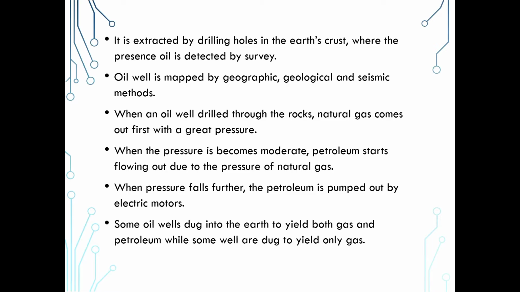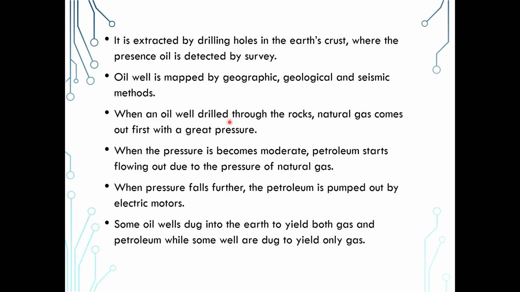we go for oil well mapping by geographical, geological and seismic methods. After every mapping, we check whether the extraction will impact nature, and if so, how to drill out the oil without impacting nature. Different geographical and geological methods are applied, and after that they start to drill.